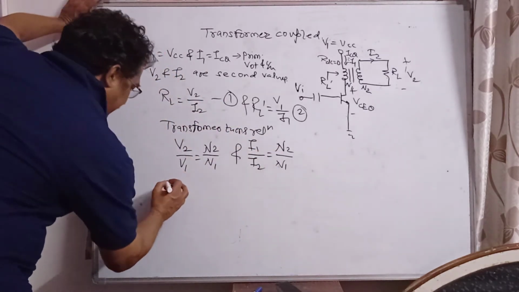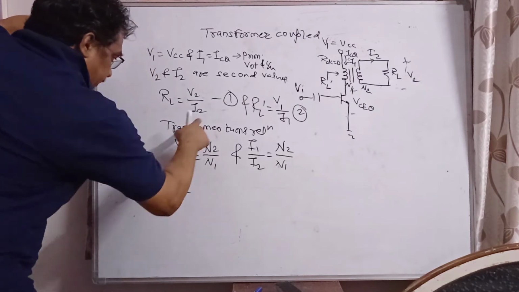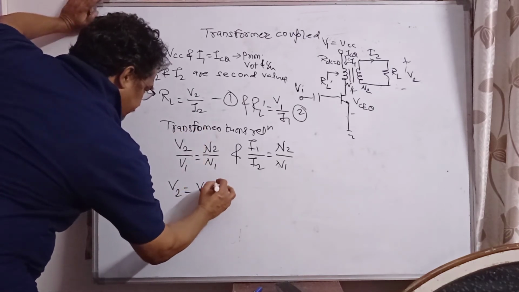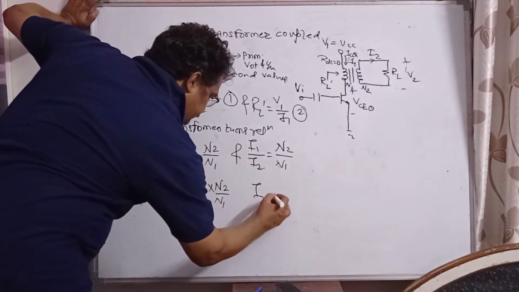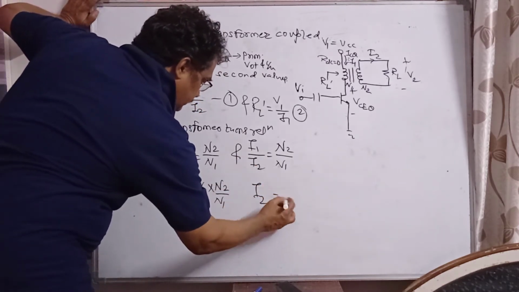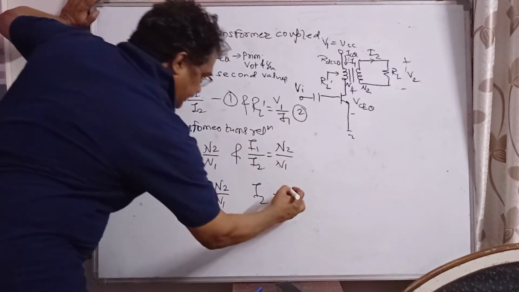So from this I am writing V2 cross multiply, and here I am writing I2. I2 to this side and these two to this side, I1 into.